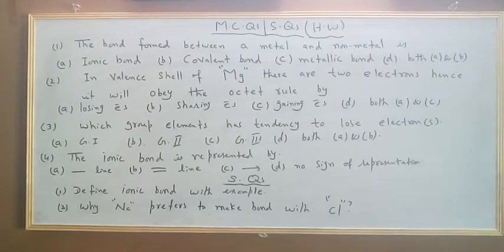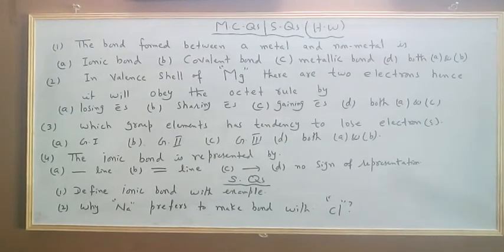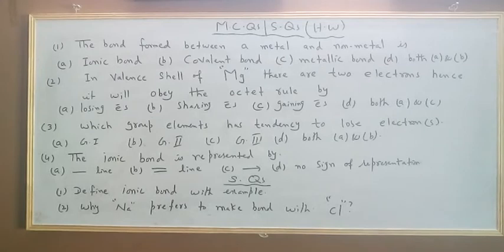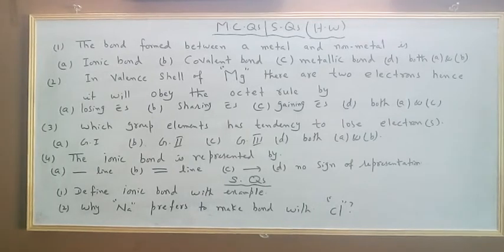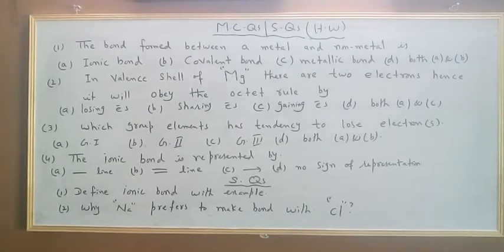In MCQ number 3, which group elements have a tendency to lose electron or electrons? A. Group 1, B. Group 2, C. Group 3, D. Both A and B. Number 4.